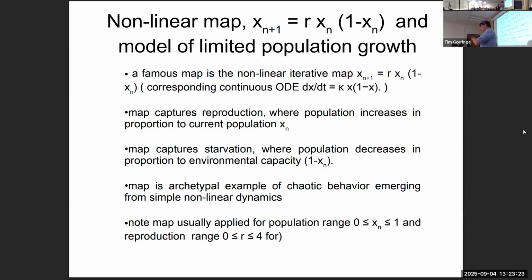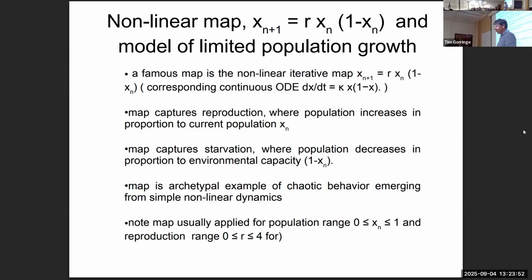And the famous map to, in simple terms, describe both the growth of rabbit populations and decline of rabbit populations is the map on this overhead here. It's non-linear because if you look at it, on the right-hand side, there's a quadratic term in the population of rabbits.